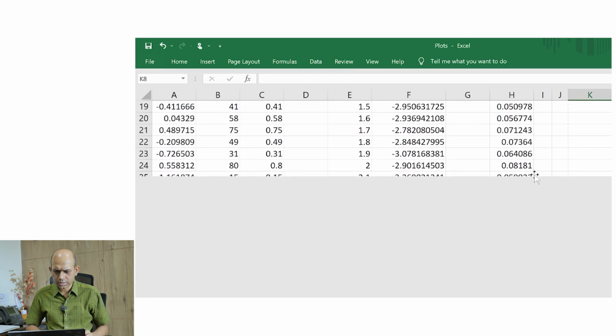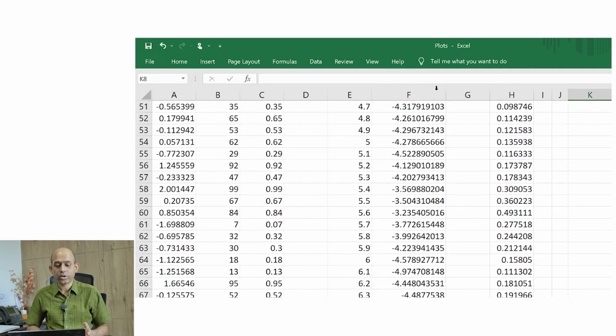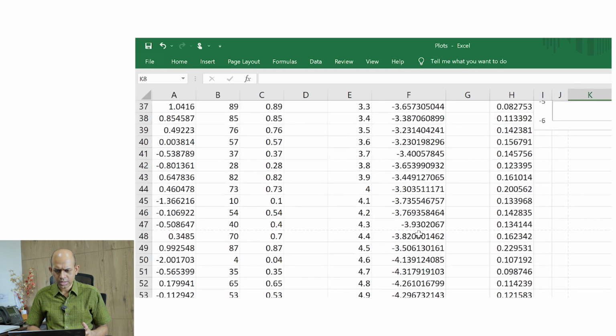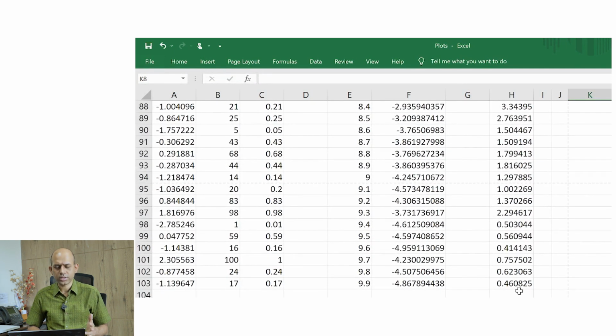Now this is the geometric Brownian motion simulation. You see that the Brownian motion, which is in the F column, may often become positive or negative, but this geometric Brownian motion is always positive. It is never negative.